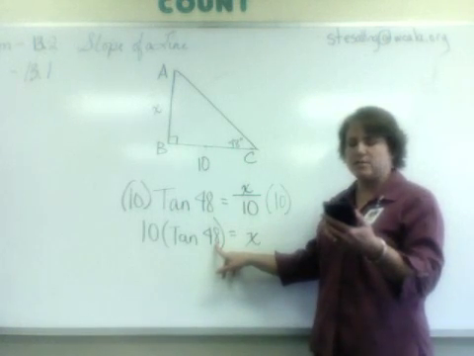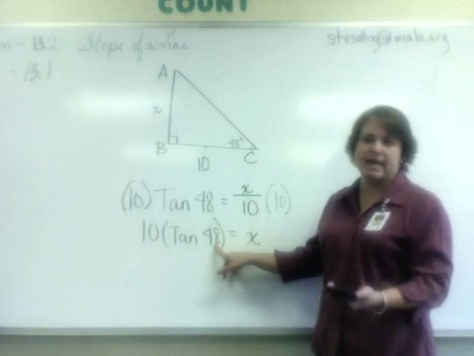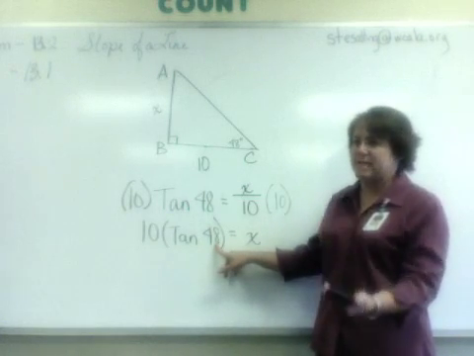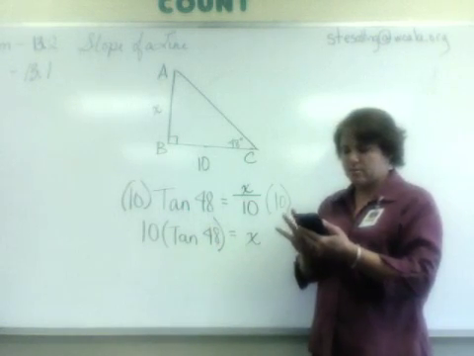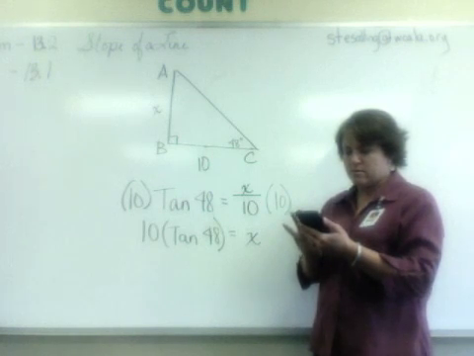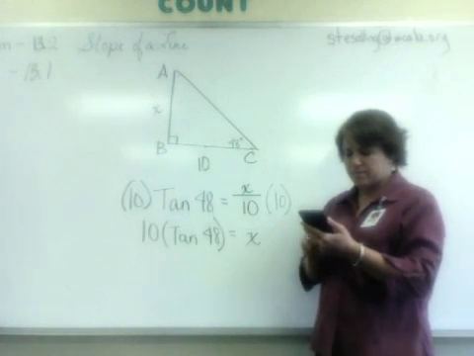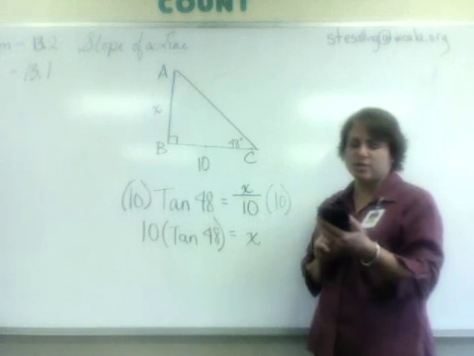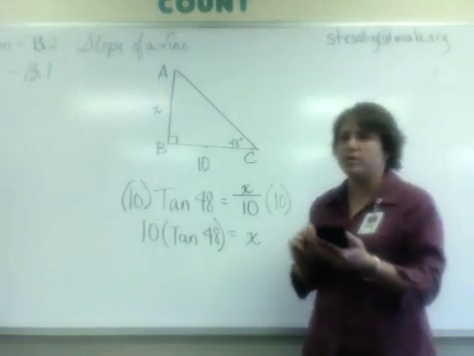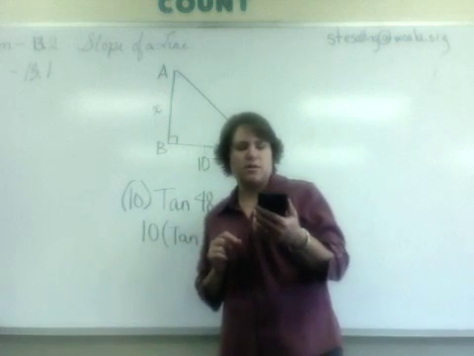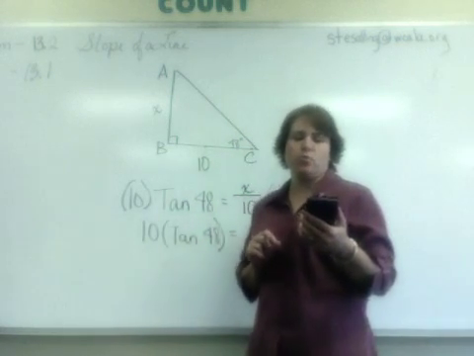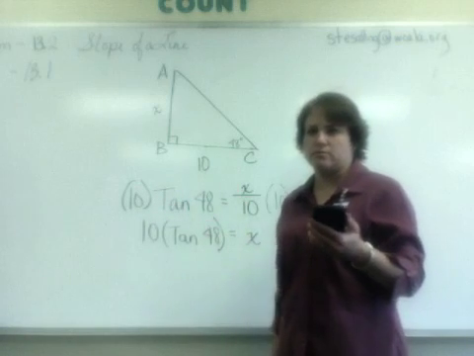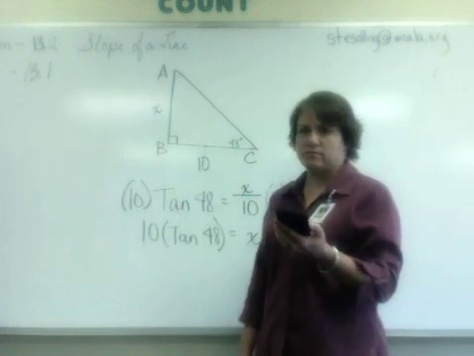You are going to hit, some of you may hit 48 first and then tan. Others you may hit tan and then 48. You should get, everybody check your calculator, because if you're not in the degree mode, it's not going to give you the right answer. You should get 1.1106 yada yada. Is that what you got? Okay.